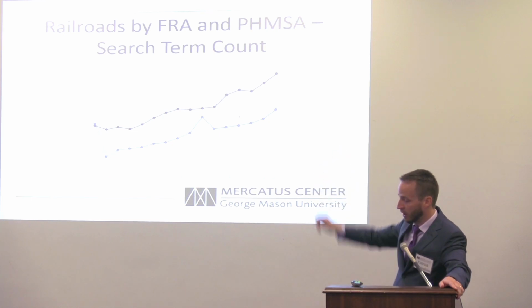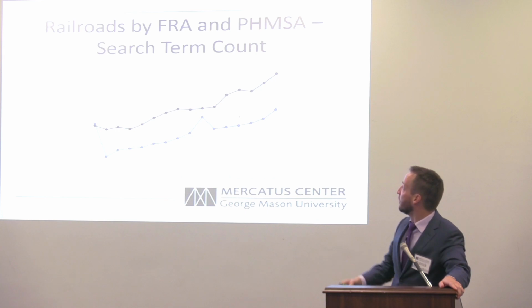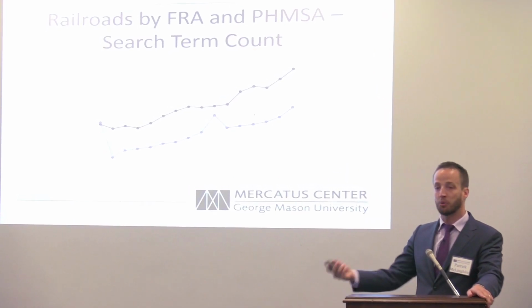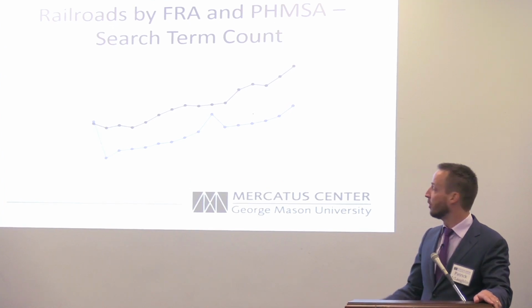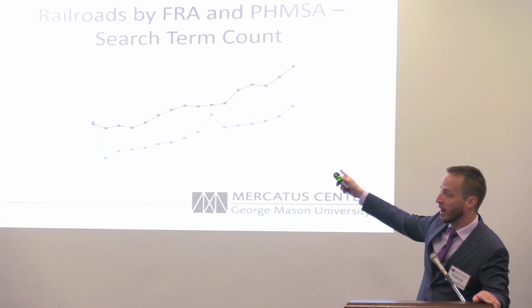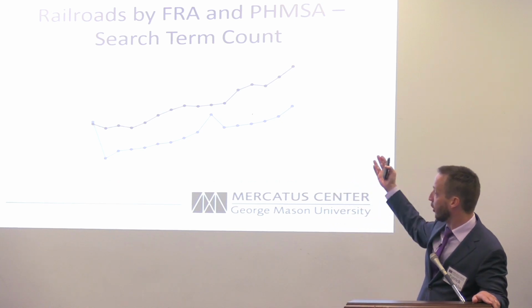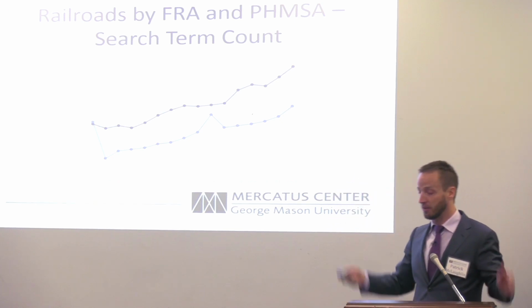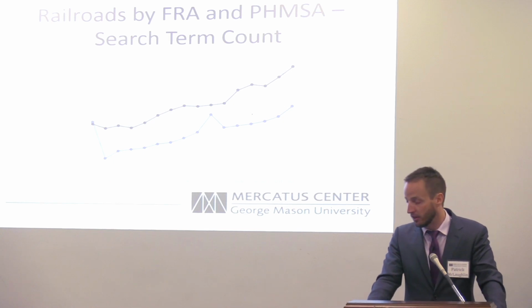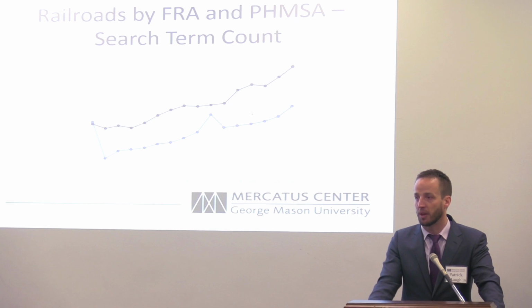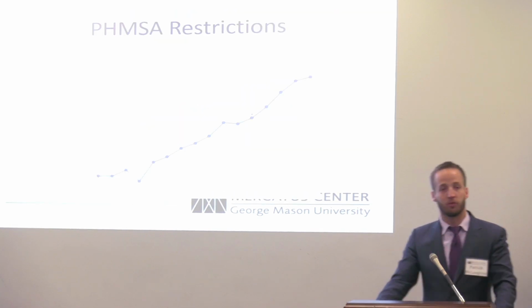The black line there is PHMSA, the Pipelines and Hazardous Materials Safety Administration, measuring the number of times we found railroad-related search terms over time. And the blue line is the FRA, the Federal Railroad Administration. They've both been growing over time, but amazingly, PHMSA has more mentions of railroads. Didn't know that. PHMSA makes the tank car rules, which maybe you're familiar with, so that might be why, amongst other reasons. PHMSA actually is sort of unique.